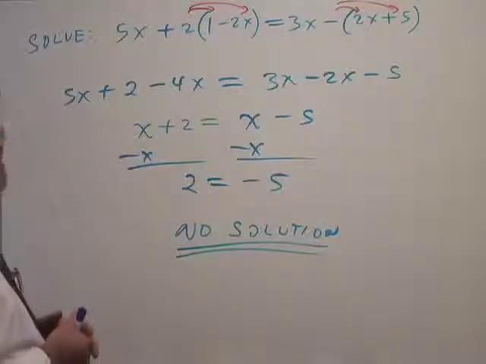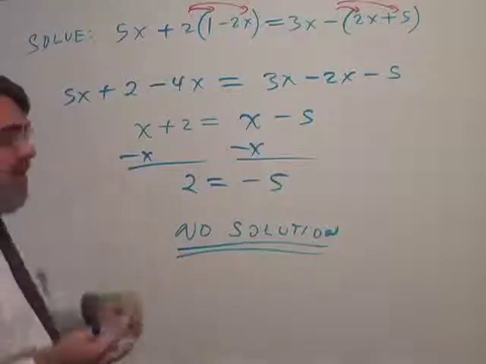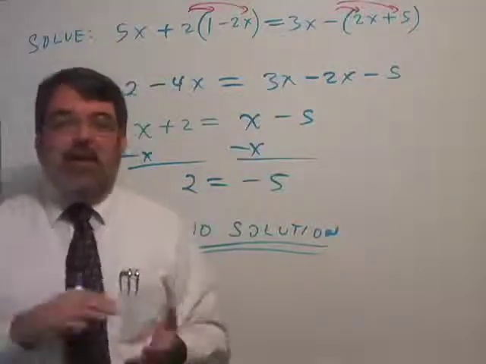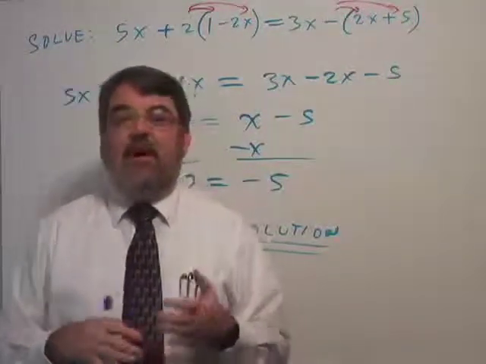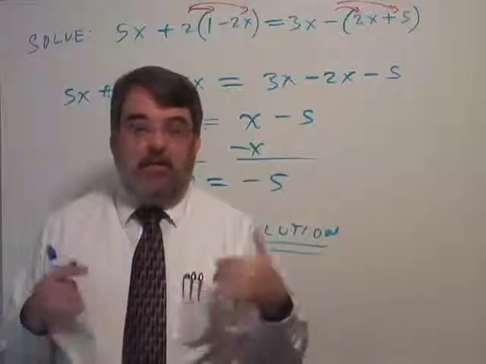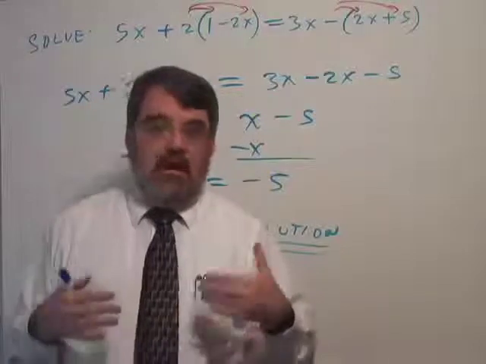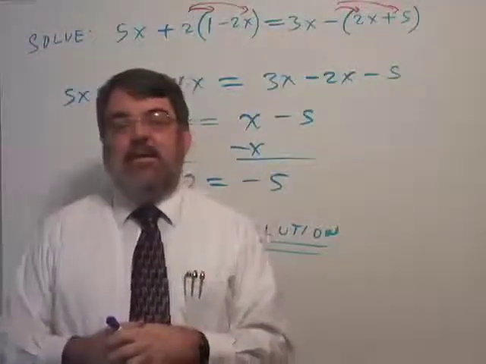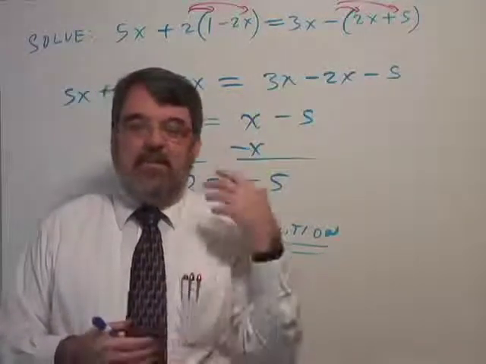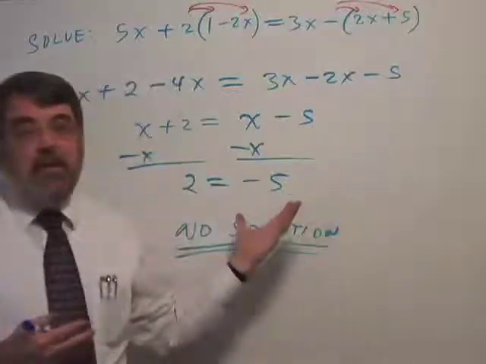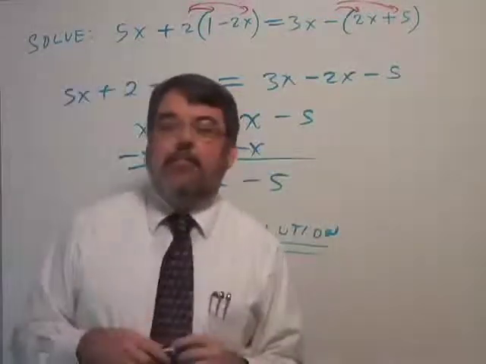But it is. I would like to explore why we get problems like this. There's actually a geometry behind a lot of what we do in algebra. In fact, most of what we do has its own geometry aspect to it. And it's interesting to compare the geometry of this problem with that of a more normal problem.